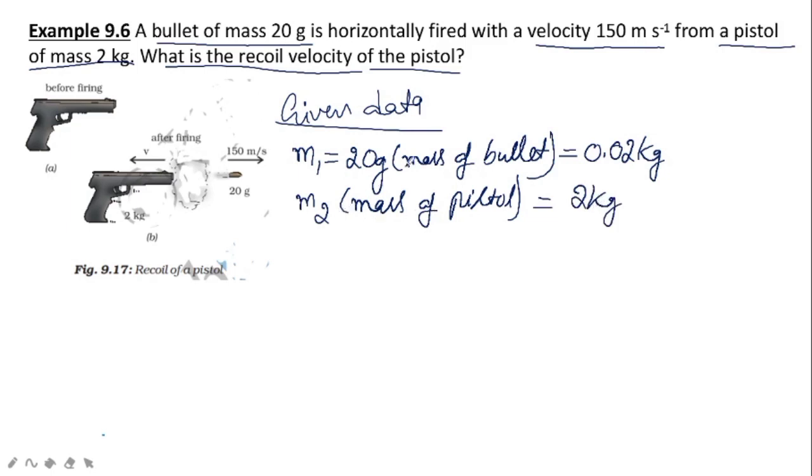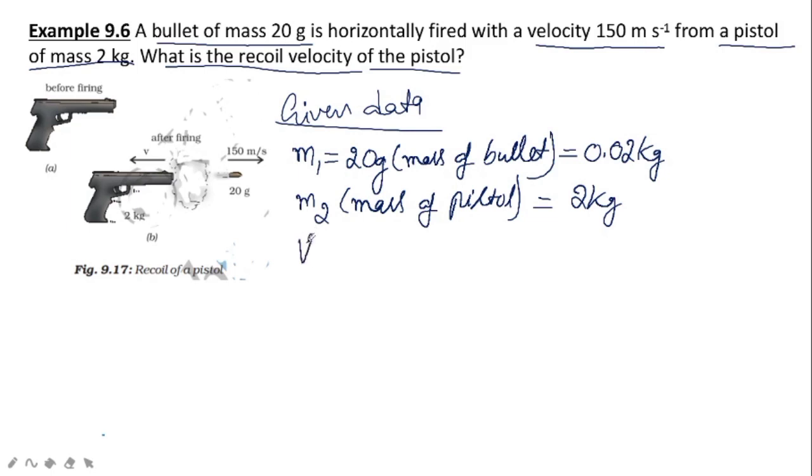And then a bullet of mass 20 gram is horizontally fired with a velocity of 150 meter per second. Did they give any velocity initially? No, because before we fire the bullet, the velocity of the pistol and the bullet will be 0. So we are taking the final velocity of the bullet.